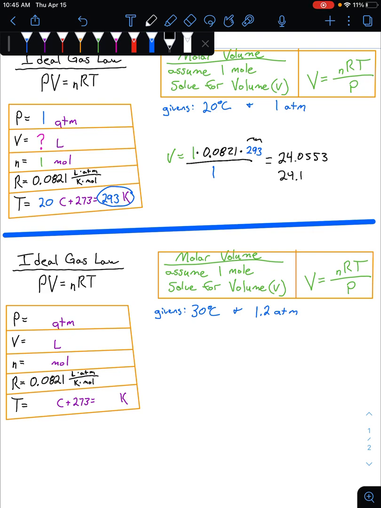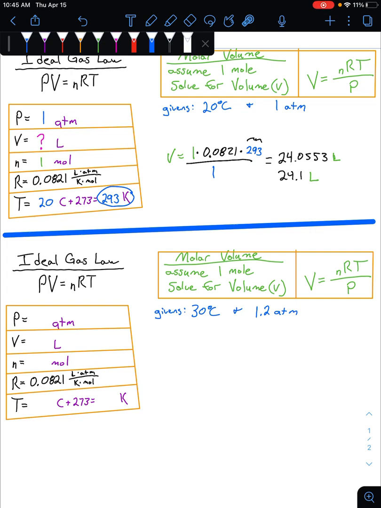Don't worry if you don't really quite understand significant figures. Just don't give me like 10 decimal places. Keep them near the neighborhood of the other numbers. And this is units of liters. Volume is in liters. So 24.1.